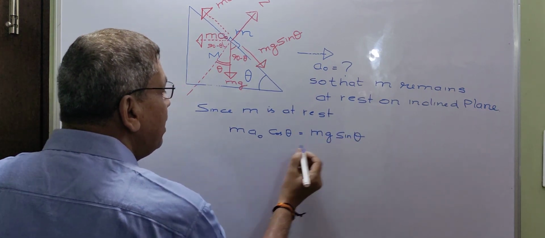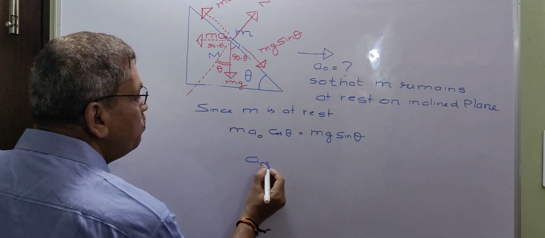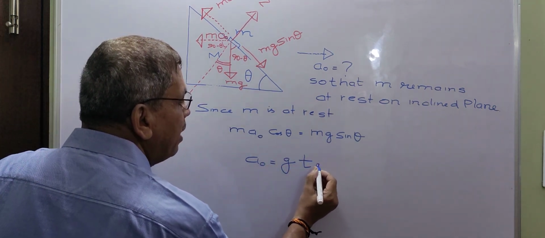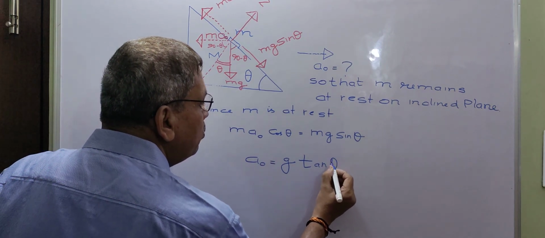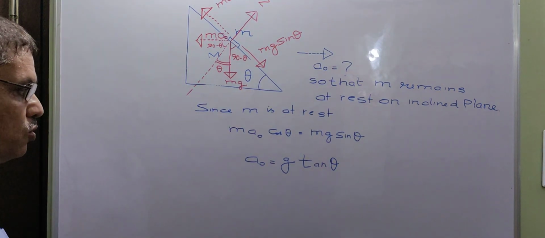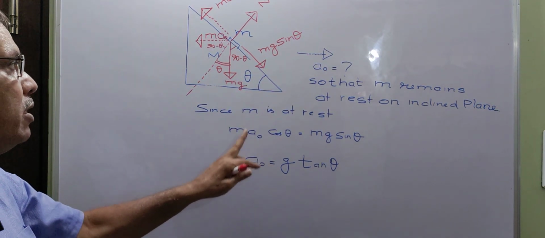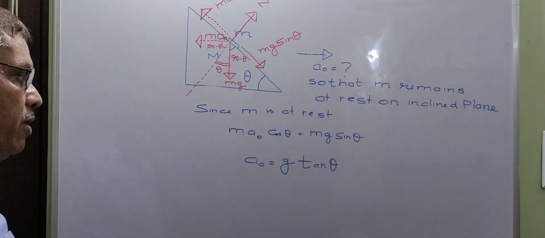Then the acceleration which should be given in the rightward direction to keep the smaller block at rest should be equal to g tan theta. This should be the acceleration in the rightward direction for the wedge. Then only this smaller block will be at rest.